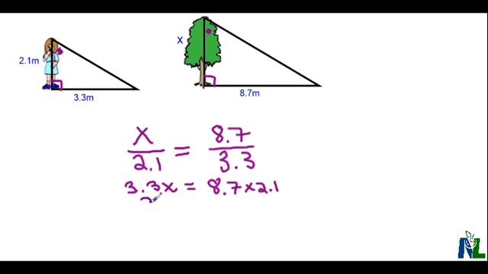So 3.3X, we just have to do that multiplication, is 18.27. So I'm almost there. I know that 3.3 times X is 18.27. I just need to know what X is. So I'm going to divide both sides by 3.3 to undo that multiplication.